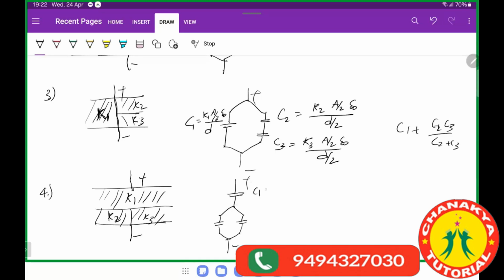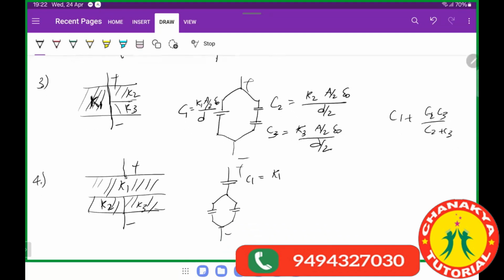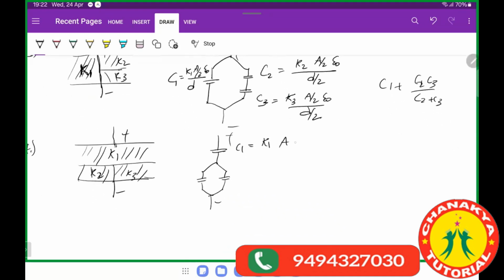So what will be C1, A or A by 2? It will be A, and the distance will be D by 2, because it covers the full area. So C1 is K1 epsilon naught A by D by 2.